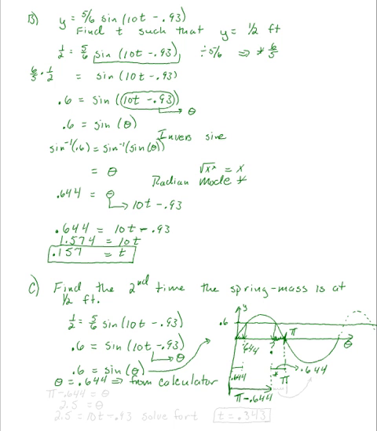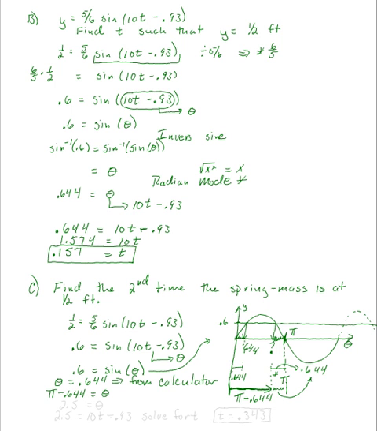So one more time: all the way to here is pi. That little tiny piece in here, that's my 0.644. So if I want to know how far this piece is, it has to be pi all the way to the end minus that little piece, 0.644. So the second place it's going to hit is pi minus 0.644. And that's the second value for theta.